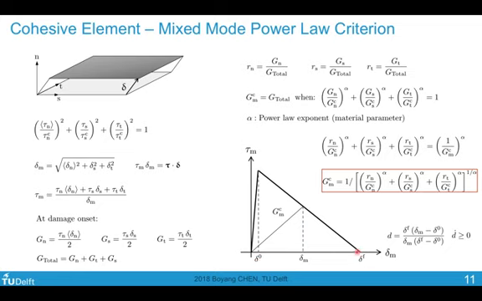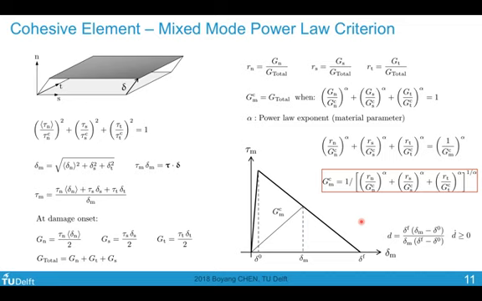We can calculate delta F if we divide the area of the triangle by this effective traction at the point of failure onset, and then we can proceed to use this equation to update our damage variable along every increment of loading. And again, our damage variable can only grow, it cannot reduce.